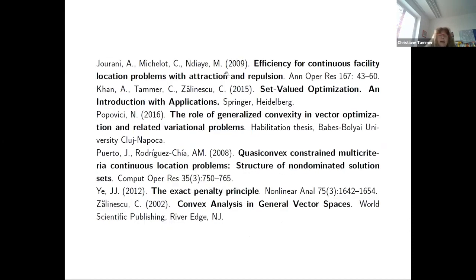This was the example for location problems where the Euclidean norm is involved. We are using results by Nikolai Popovich concerning generalized convexity, and also these results. And also the book by Constantin Zălinescu.